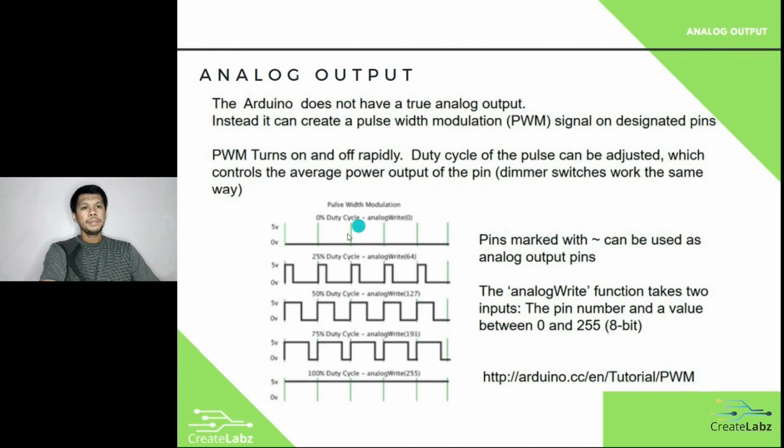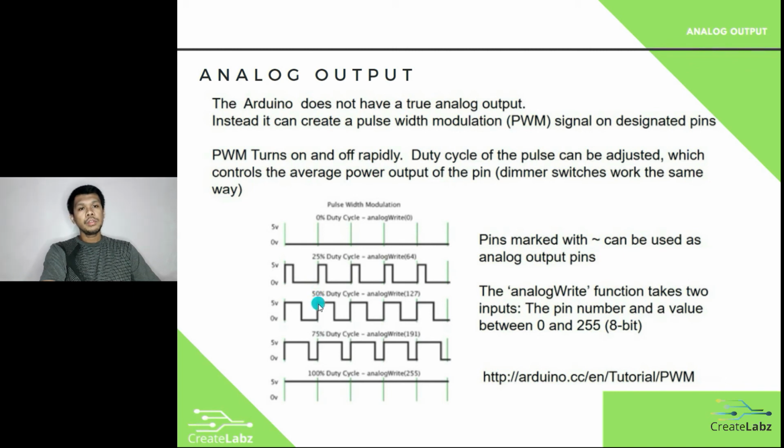For example, I have here a pulse between 5 volts and 0 volts. When we say we have a 25% duty cycle, it means that 25% of the time it's on or high, meaning 25% of the time it's 5 volts. 75% of the time it's low or it's 0 volts.